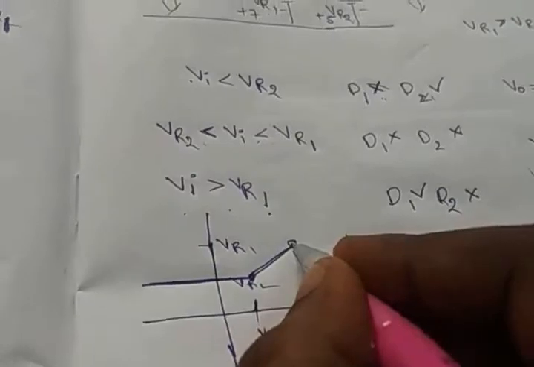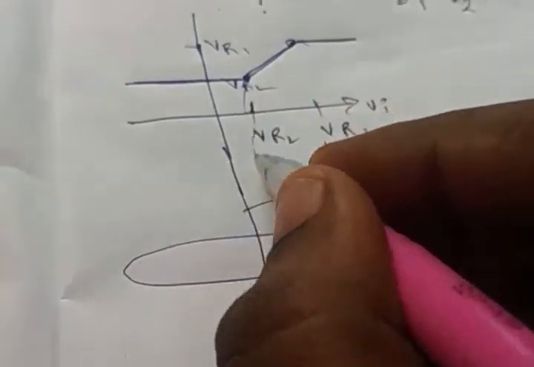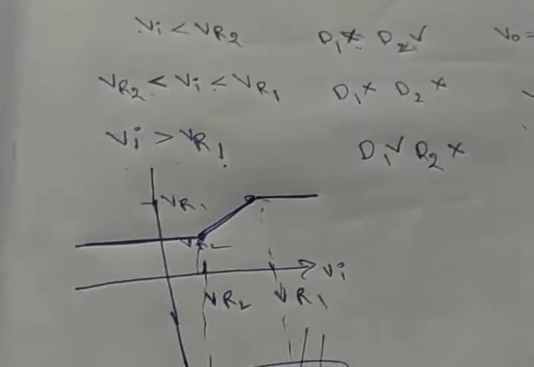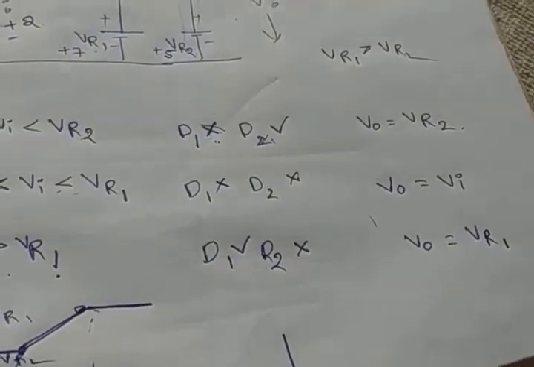Next, in between those two, we have an ohmic line up to VR1, where V0 will be equal to Vi. For larger Vi values, the output stays at VR1. So let's draw our input waveform. This portion will be clipped and also this portion will be clipped, so we get an output like this.